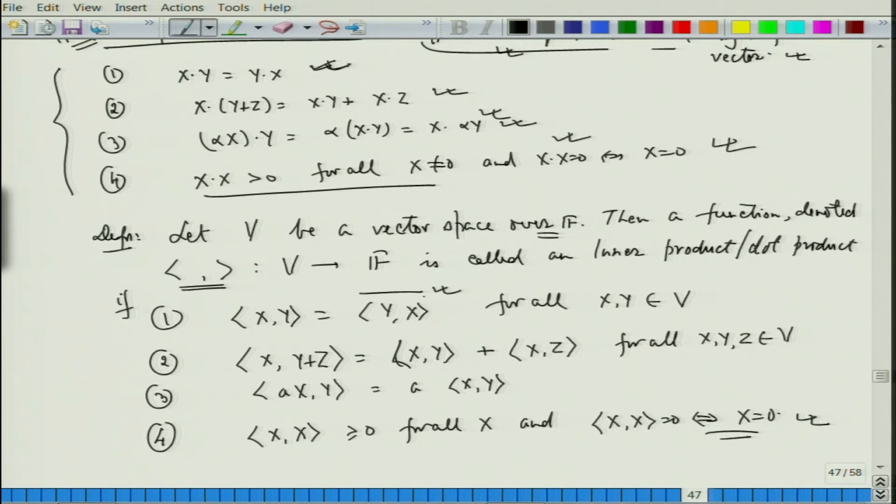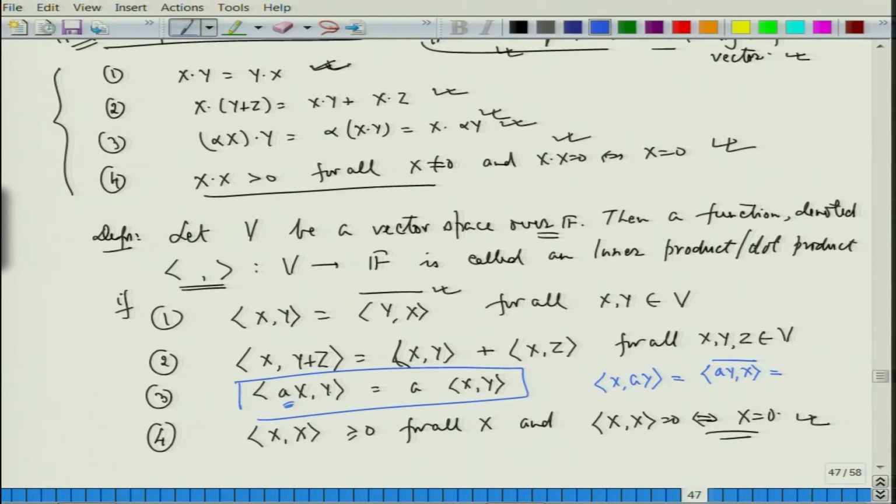Because of this complex conjugate, if I want to look at x comma ay, it will turn out to be ay comma x whole bar. This is what the bar definition was. Now with this definition, I can take out a from the first component.